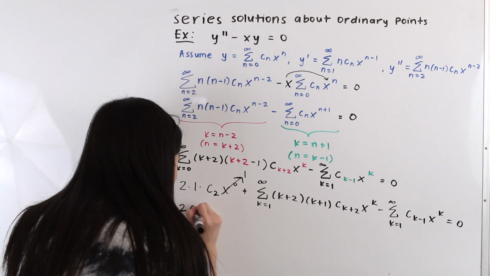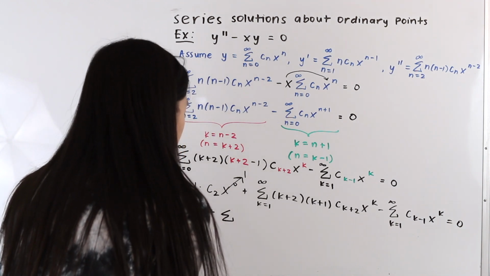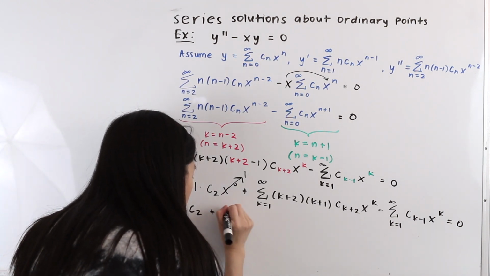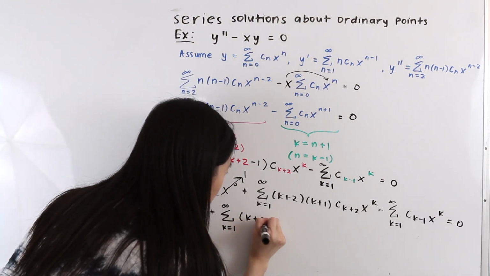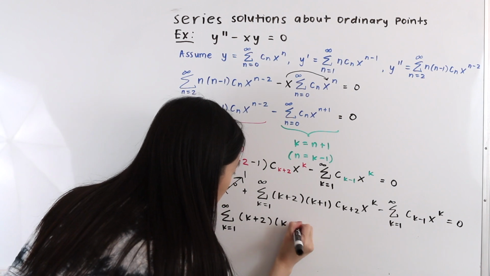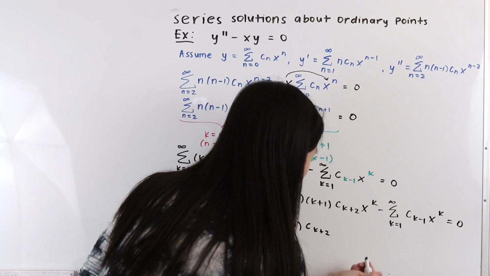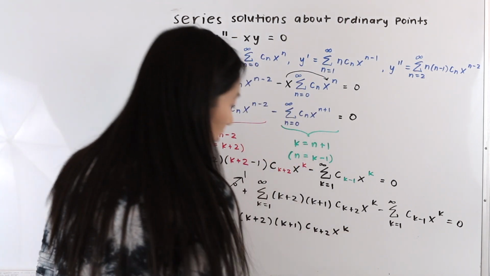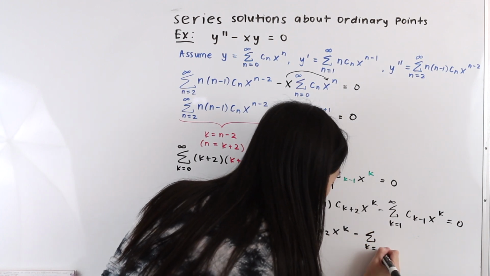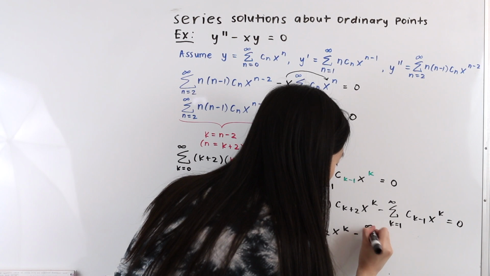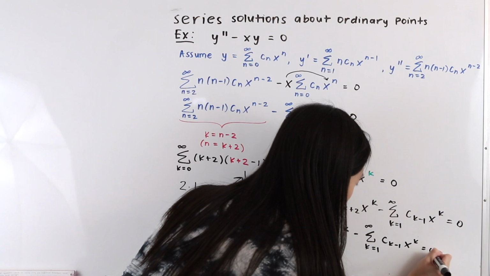So we have 2c2 plus the summation from k equals 1 to infinity of k plus 2 times k plus 1 times ck plus 2 x to the k, and then minus the summation from k equals 1 to infinity of ck minus 1 x to the k is equal to 0.